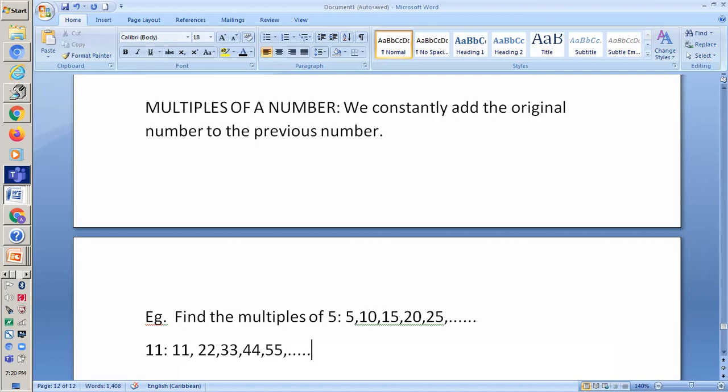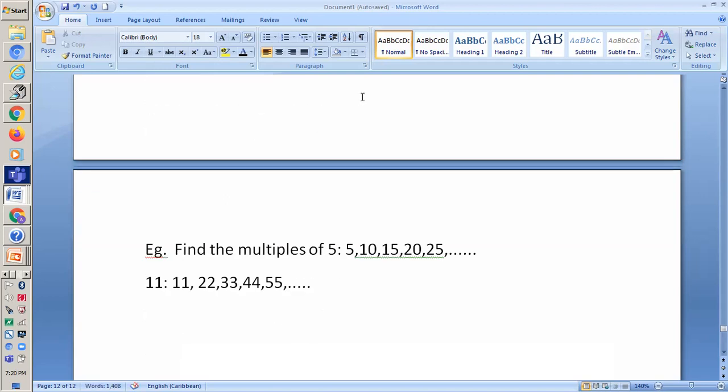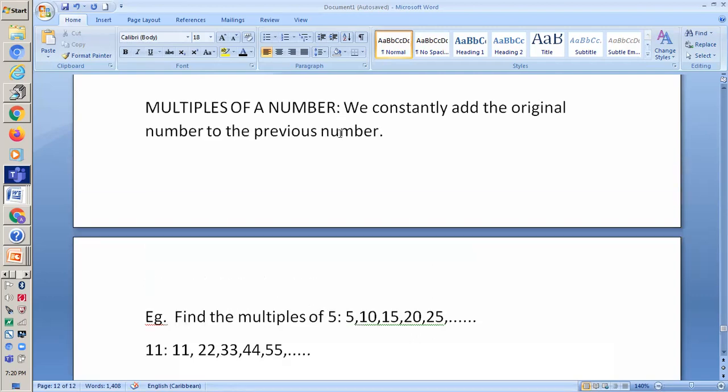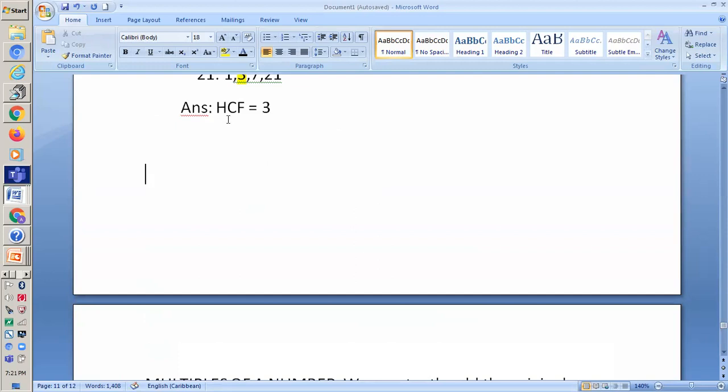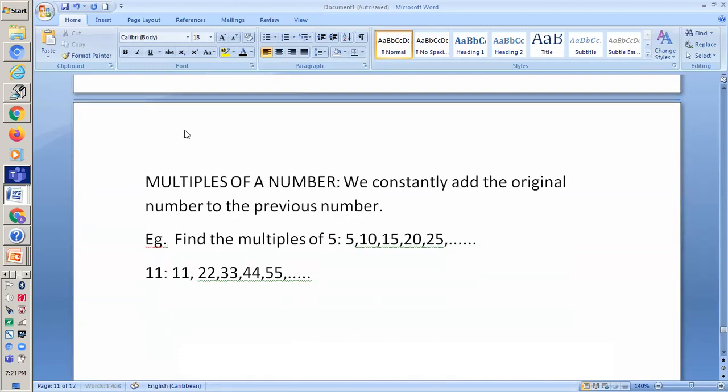Let me ask a question. Can I ask you to find the highest common multiple? We have the highest common factor, not true? But can I ask you to find the highest common multiple?